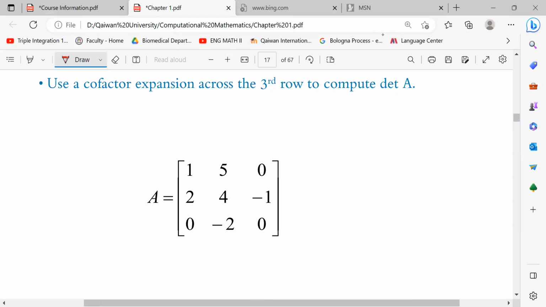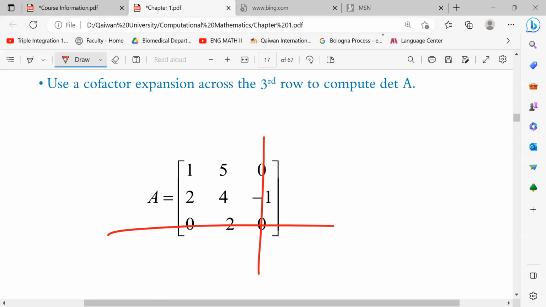Let's find the determinant of this matrix. Which row or column should we take? The easiest. You can take the third row. How about the third column? It's the same because both include 2 zeros.